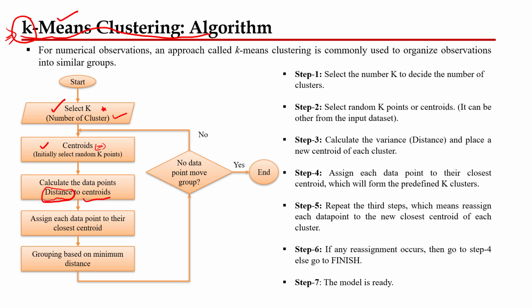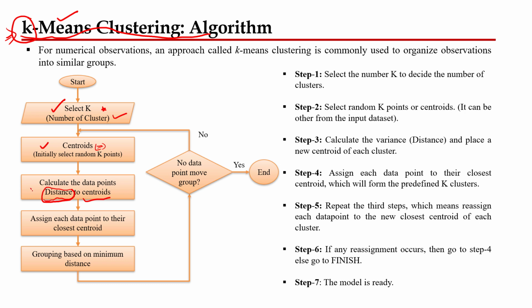Either you can apply the Euclidean distance or the Manhattan distance method. What I am going to do is apply the Euclidean distance method. We will talk about the formula to calculate the distance in a minute.